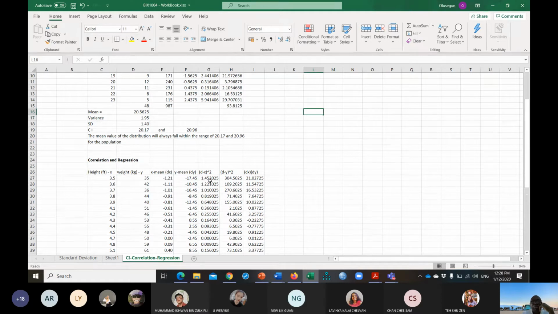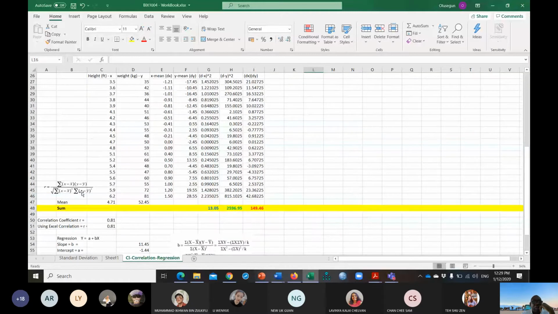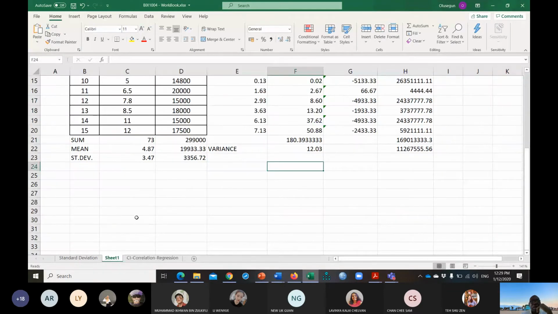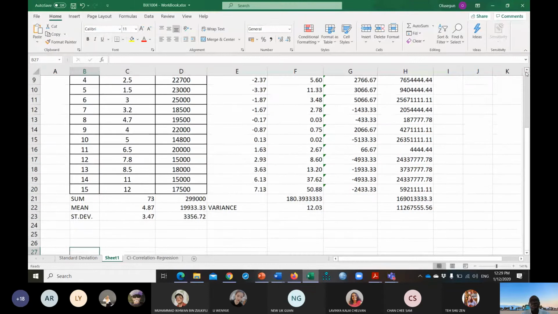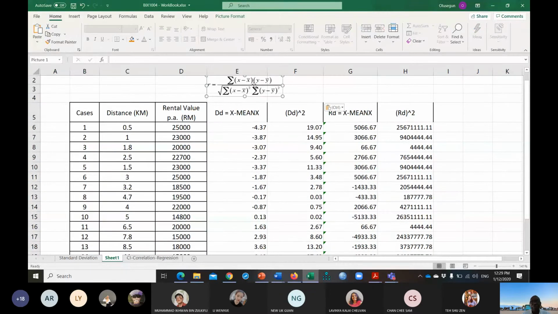Which formula do we use? Any of the formulas here? Okay, can we pick this one? Control C. Where do I put it so that I'll be able to see the formula so that we fill in? Control V. Okay.